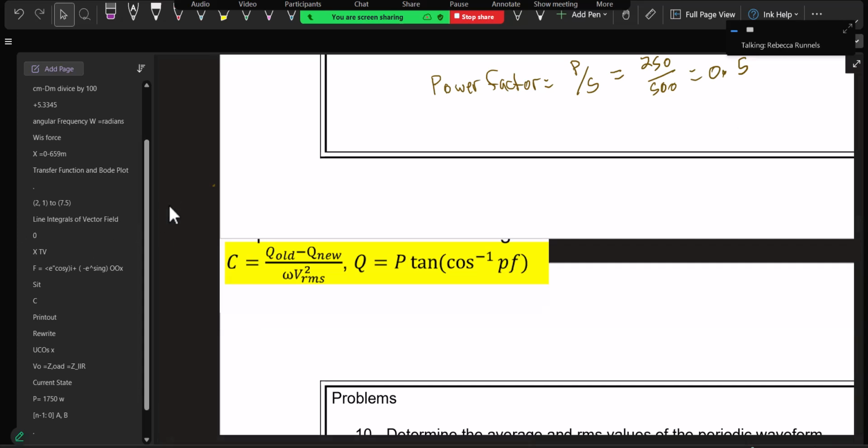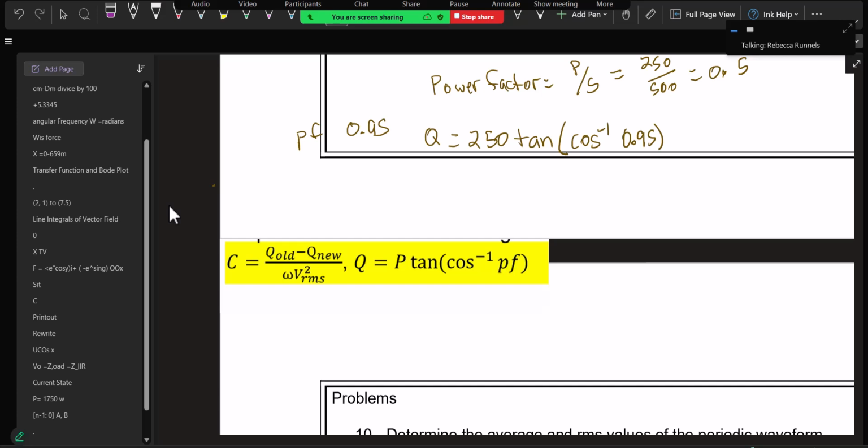If we get the new power factor of 0.95, then Q will be 250, because our real power won't change, times the tangent of the inverse cosine of 0.95.